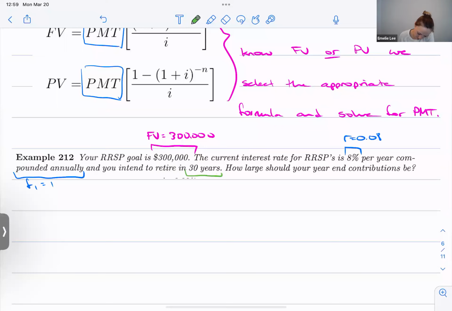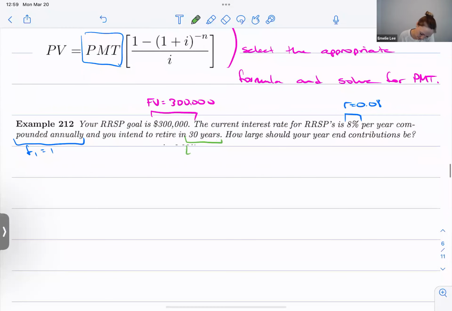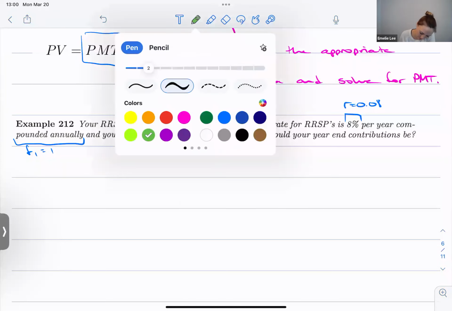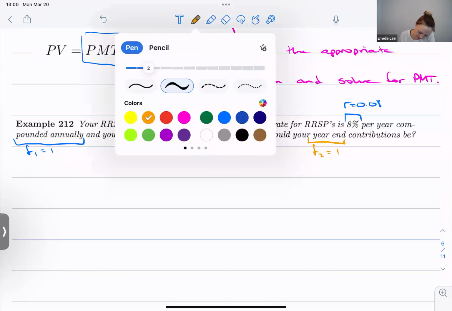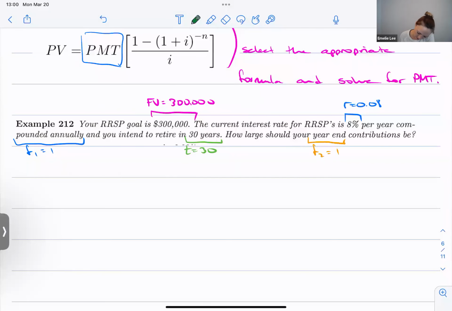So you're going to make payments for 30 years. So T is 30. How large should your year-end contributions be? So year-end means that F2 is 1. And we want to find PMT.